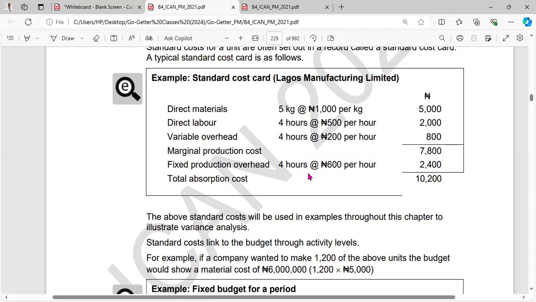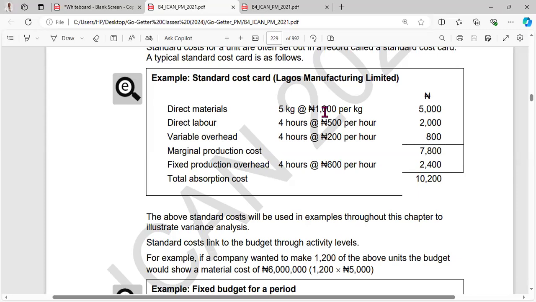Fixed overhead is usually attributed to hours when we are using absorption costing. Direct labor hours is what we usually use. We don't use ABC in this. So we are using the fixed overhead, which is attributable to labor hours. So all these are standard usage.